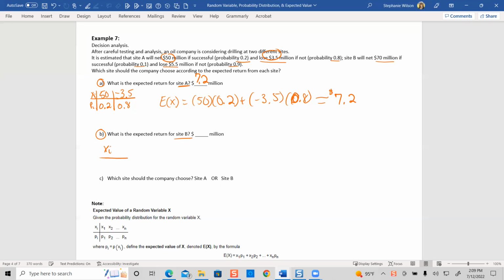Now on B, I want to find site B. So x_i. It said site B is 70 million with 0.1, and then a loss of 5.5 with 0.9. So our expected value is 70 times 0.1 plus negative 5.5 times 0.9.